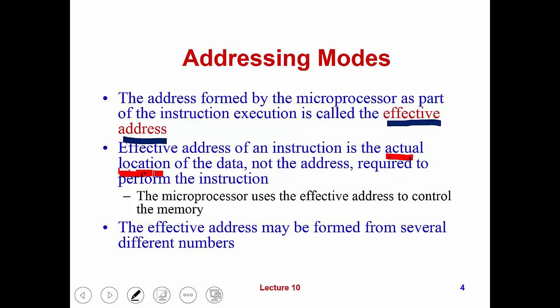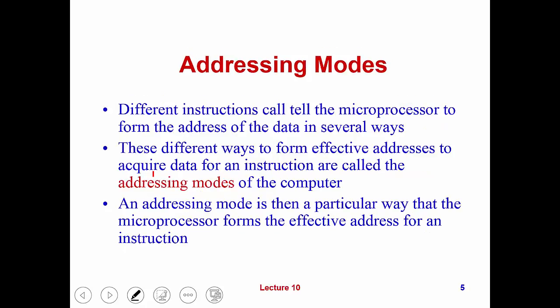There are different ways we can form an effective address for data. Different instructions can tell the microprocessor to form the effective address in different ways. In other words, the different instructions of the 68HC12 have their own way to form an address. Those different ways to form an effective address to get data for an instruction are called address modes.